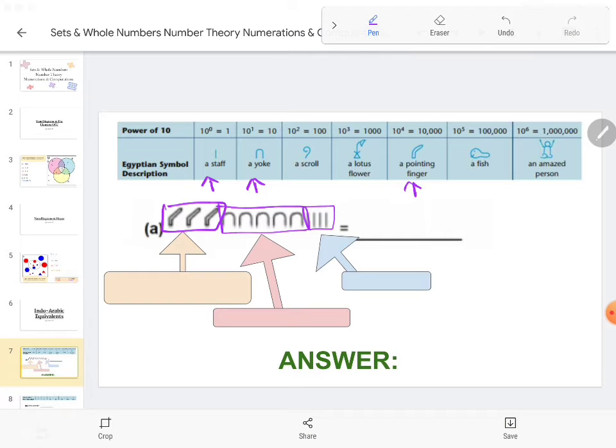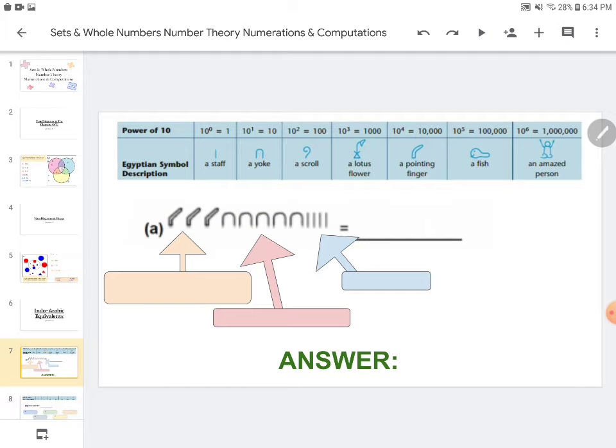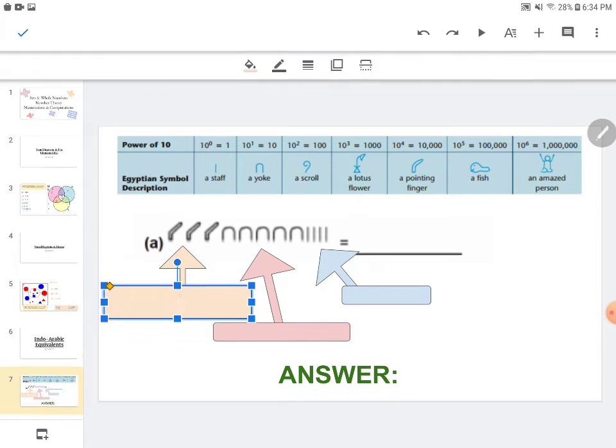Each one is given a different number to represent how much it is.